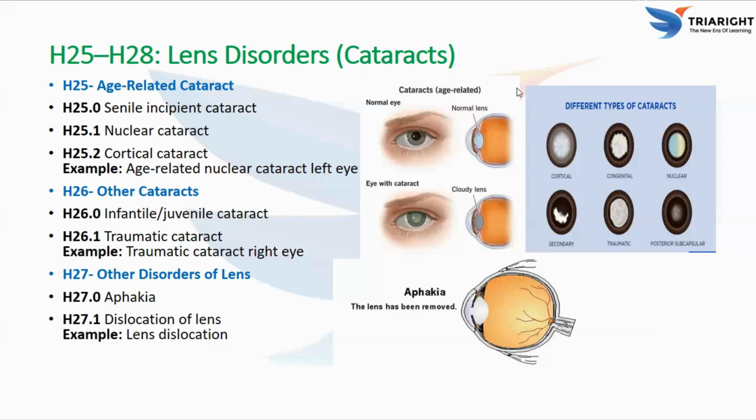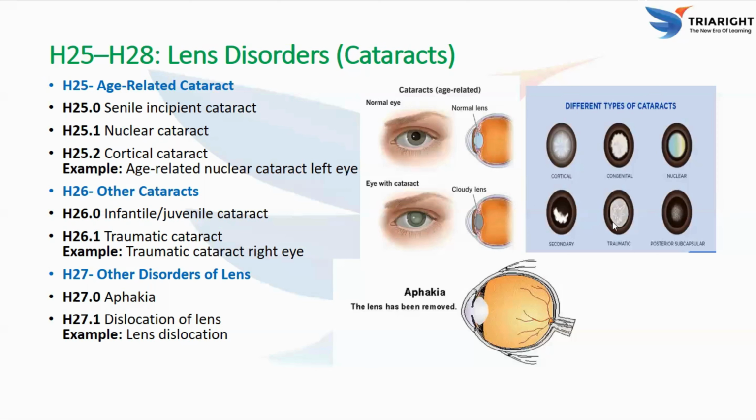So there are different types of cataracts in this diagram: cortical, congenital, nuclear, secondary, traumatic, and also posterior subcapsular. So cortical means the white spokes from the outer lens, whereas congenital is present at birth. Nuclear is central clouding. Secondary is formed due to medications like steroids or diseases like diabetes.